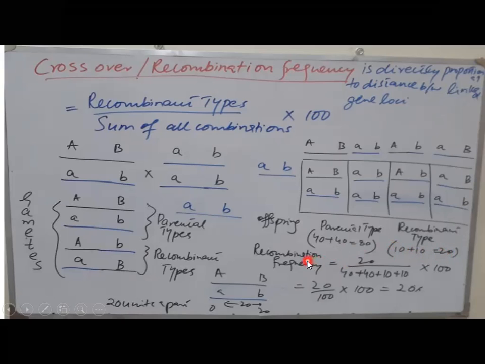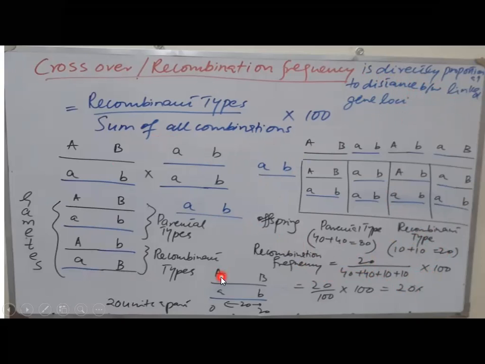So the recombination frequency will be 20 recombinant types divided by the whole sum of all the combinations, 40 plus 40, 10 plus 10, into 100. The answer is 20. That is directly proportional to the distance between the linked gene loci.